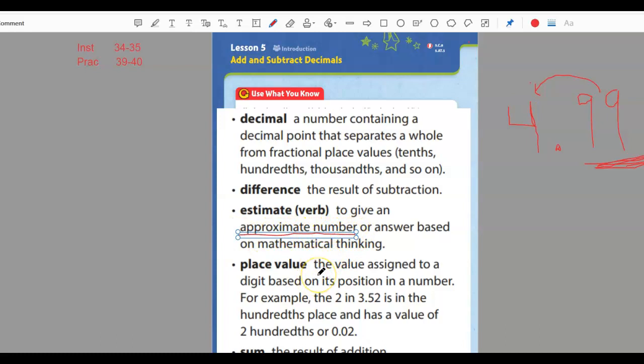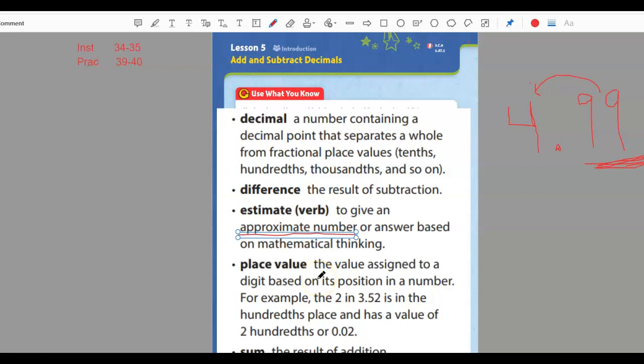Okay, place value is what we've been working with for the last couple of weeks. We know that on the left-hand side of the decimal are the whole numbers, and we have ones, tens, hundreds. Then we have 1,000, 10,000, 100,000. Then we go up into the millions and the billions and the trillions. You don't have to go that far, but that's what place value is.